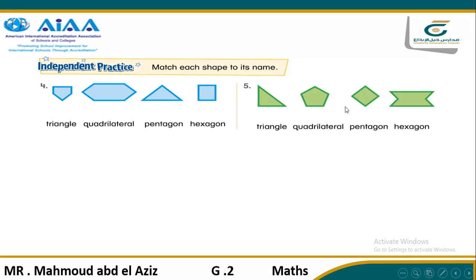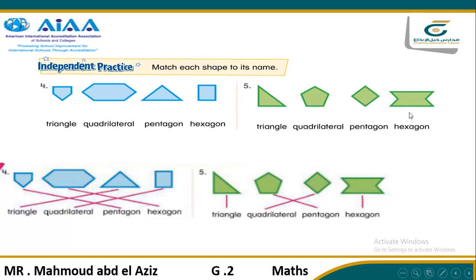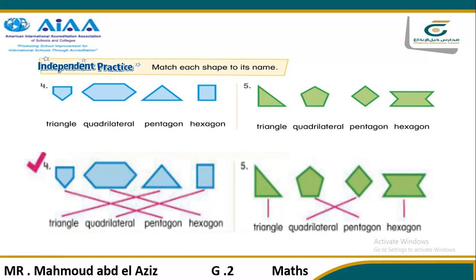Excellent. Quadrilateral. Here, how many sides? You can see 1, 2, 3, 4, 5, and 6. So it's what? Hexagon. Excellent. So in our first question, we have triangle with 3 sides, quadrilateral with 4 sides, pentagon with 5 sides, and hexagon with 6 sides.